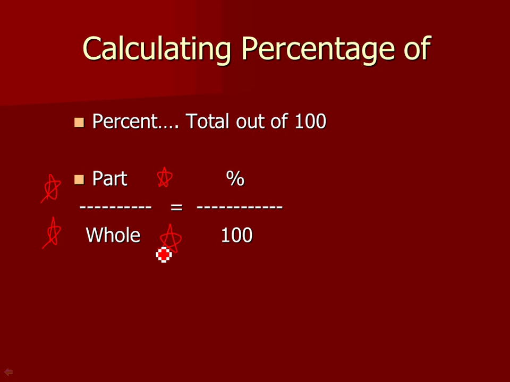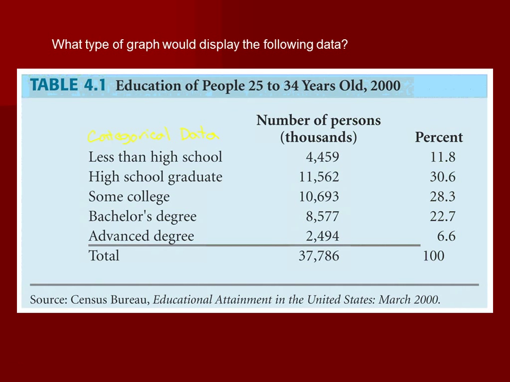Okay? So what they did in the previous situation, they took their high school graduates, 11.562 million, and divided out of the total amount of people that they put together, 11.562 divided into 37.786 is 30.6%.